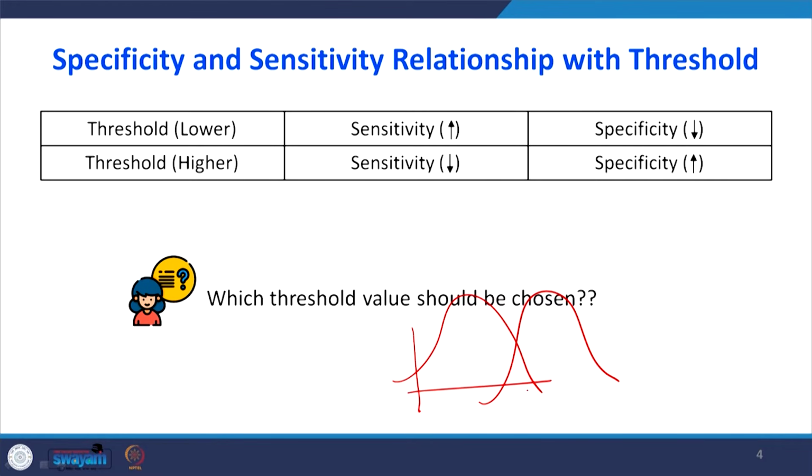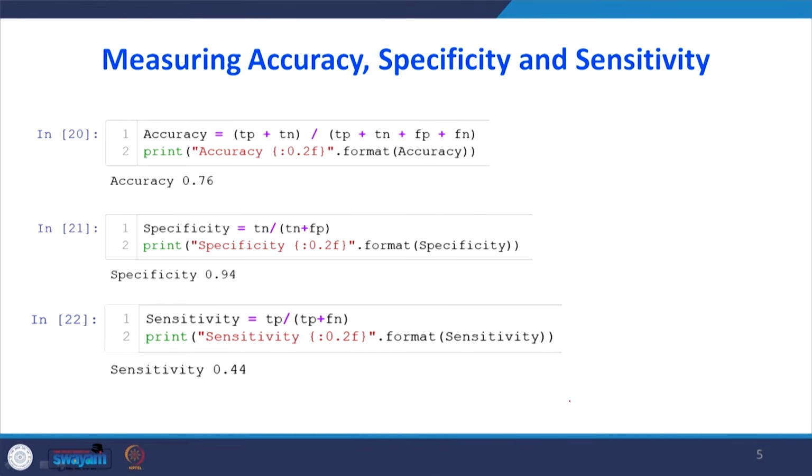When the threshold value is higher, suppose you keep it here, what will happen? Specificity will increase and sensitivity will decrease. So which threshold value should be chosen? That is the problem that I will show you with the help of Python programming.